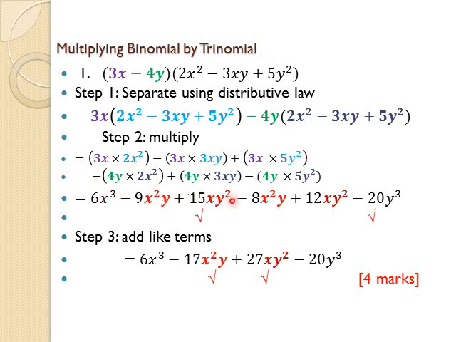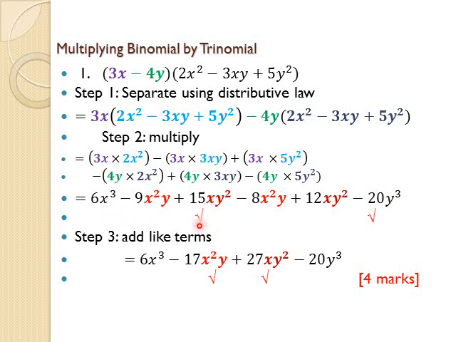Negative stays negative, 4 times 2 gives me 8, x squared y. Then positive stays positive, 4 times 3 gives me 12, x stays x, but y times y becomes y squared. And then negative there, 4 times 5 gives me negative 20, y squared times y, y cubed.